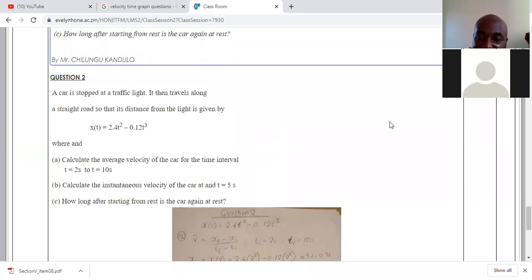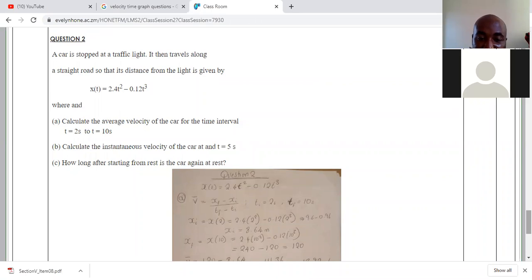How the first part, we said average velocity. Average velocity we said is final position minus initial position, which is displacement over the time interval. So to get the displacement, we need the x final, the final position, and the initial position. We know that the initial time is 2 seconds and the final time is 10 seconds.